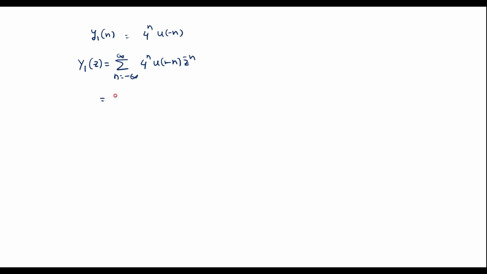Simplifying this, here we have u of minus n, which indicates it is a left sided signal, that is for n greater than 0, the signal is 0. It means that the summation n varies from minus infinity to 0. For n greater than 0, the signal will be 0. 4 power n z power minus n, or I can represent it as summation n is equal to minus infinity to 0 of 4 z inverse power n.